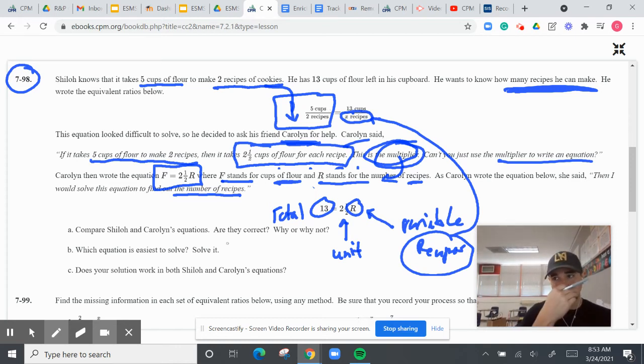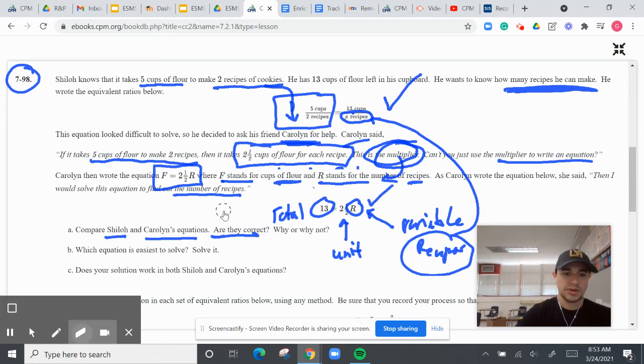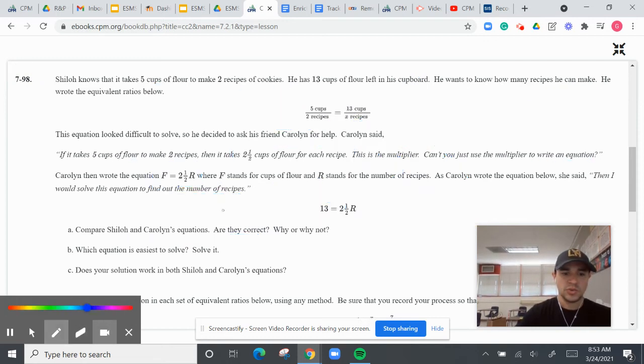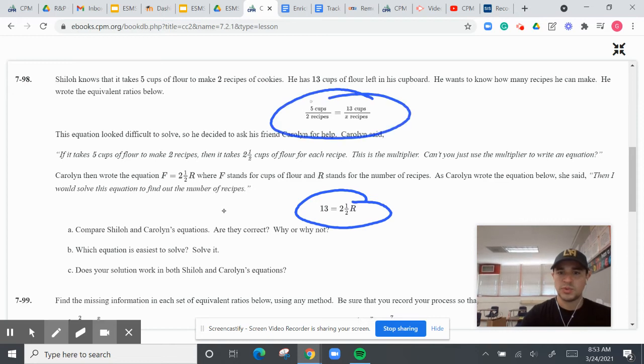Are Shiloh's and Carolyn's equations correct? Yes, they are correct. You can do it this way, or you can do it this way. And I'm going to go ahead and clear the board real quick. Either way is going to be perfectly fine as long as you make sure it's organized correctly. So cups on top, recipes on bottom on this side, and the same on that side.